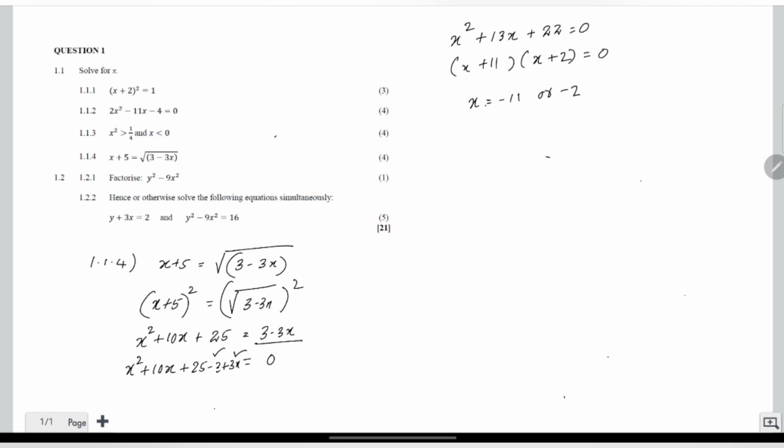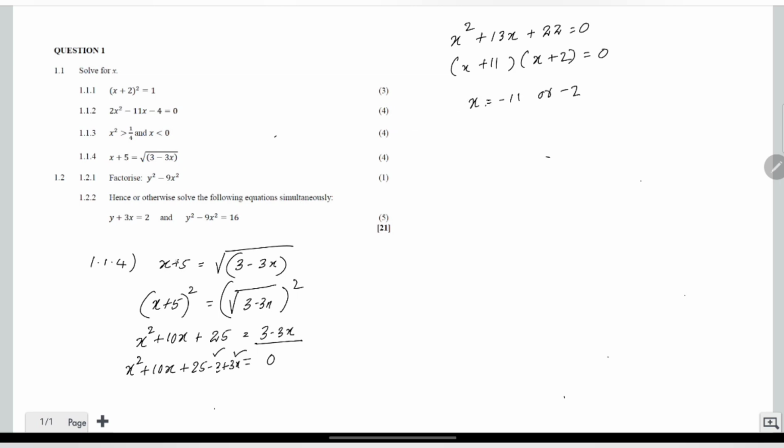These are the answers. But especially when it comes to a question where a root is there, you have to check which answer is the right answer. Is it minus 11 or minus 2? How do we do it? Take each of them and substitute in the main question, and check that the left hand side and right hand side are the same after the substitution.